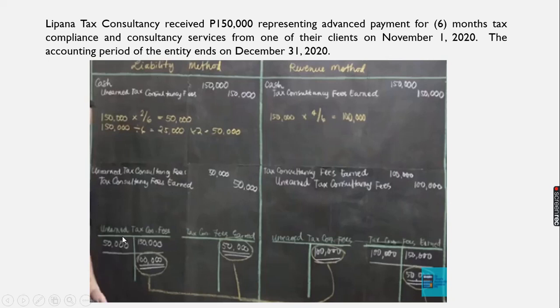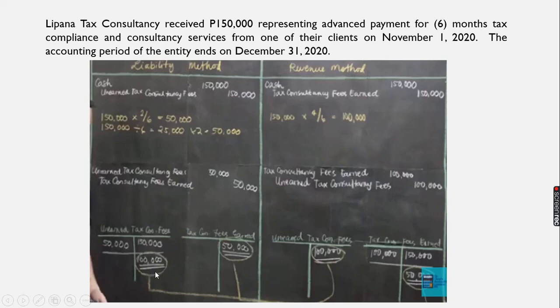So, gawan natin siya ng T account para mas maintindihan. So, unearned tax consultancy fees, ayan, noong November 1, 2020, 150,000. And then, noong December 31, 2020 na siya, naging debit na siya, 50,000.